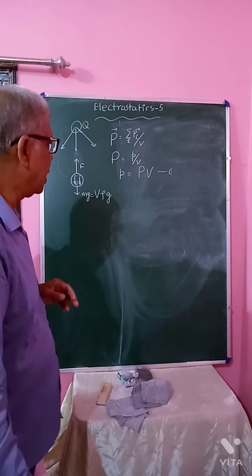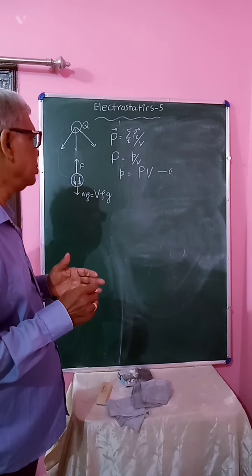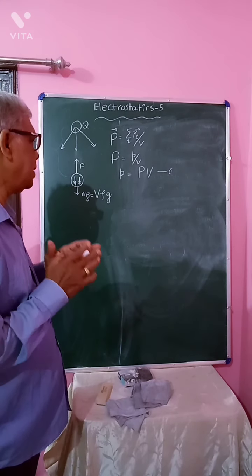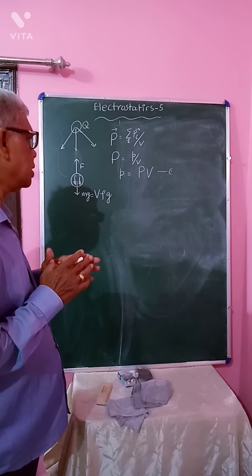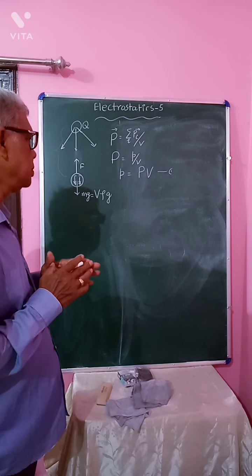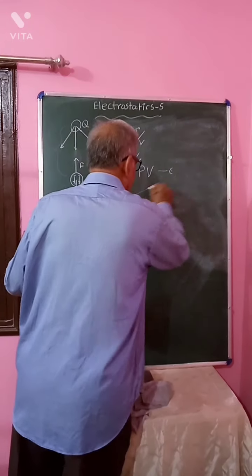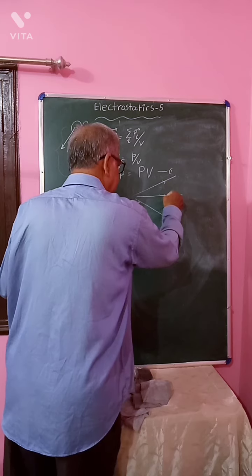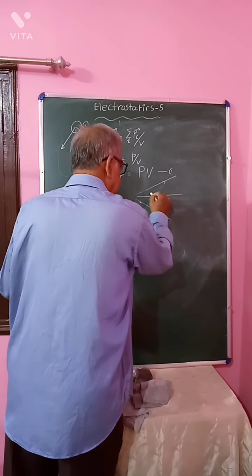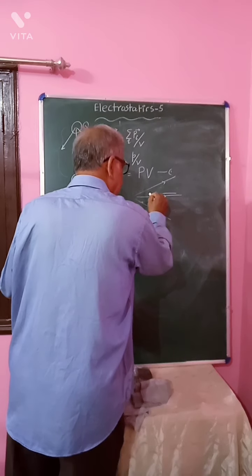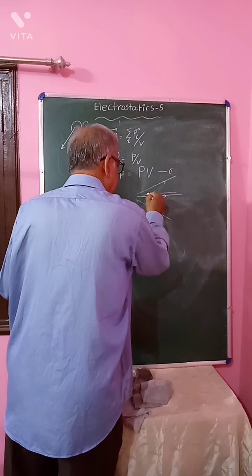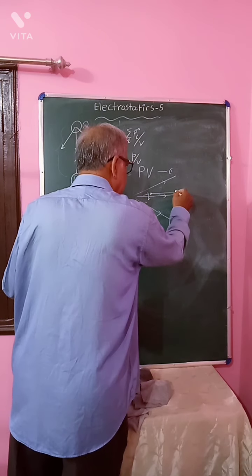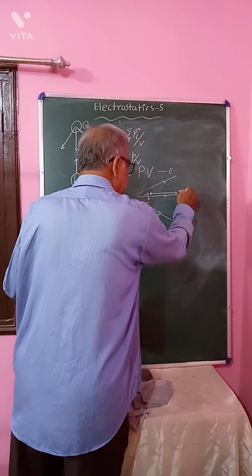Now let us see how to find out a force acting on the dipole molecule. Now this is in a non-uniform electric field, as the case is here. This is the dipole moment or electric dipole, say negative charge minus Q here, positive charge plus Q here.